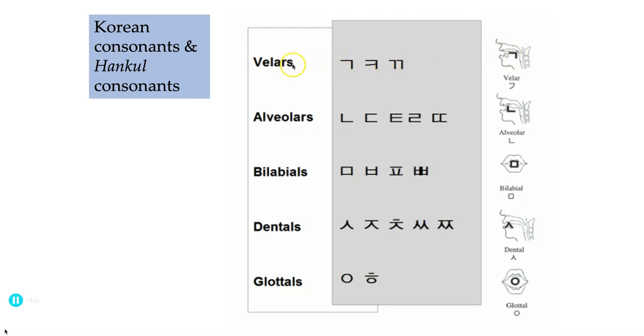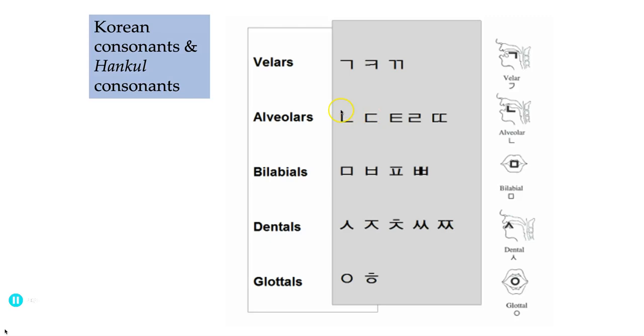So these are velar sounds, and they all occur around the back of your mouth, the palate. And by adding more strokes, you have different sounds. And these are all referred to as alveolar sounds. These are all sounds occurring behind your upper teeth.